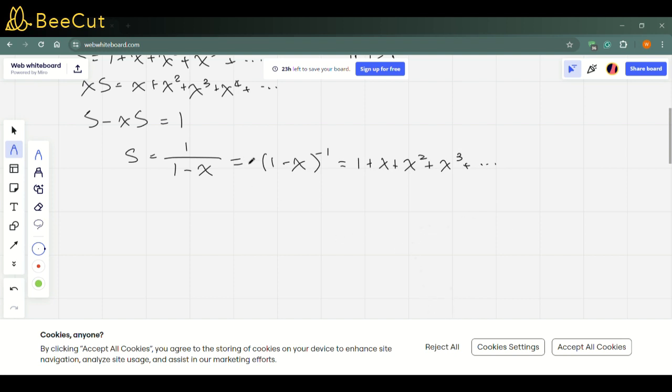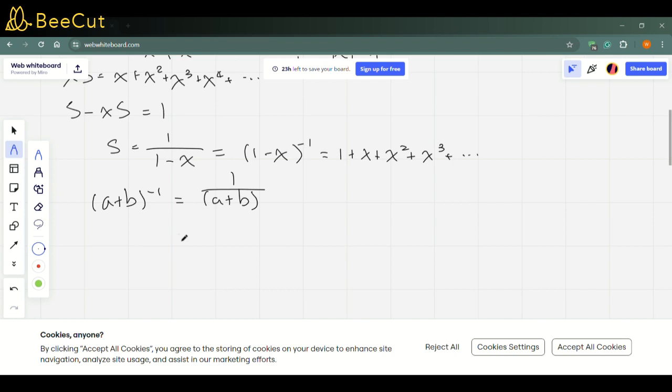Now, how can we generalize this to (a + b) to the negative 1? Well, let's rewrite (a + b)^(-1) a little bit. We get 1 over a plus b, which equals 1 over (1 plus b over a) times a.